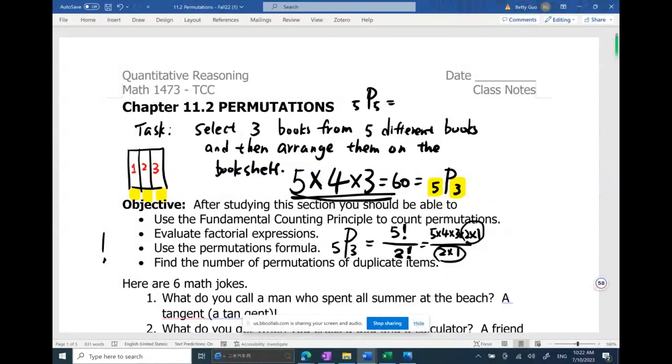If we use the fundamental counting principle, the first slot I have 5 options, second slot 4 options, third slot 3 options, fourth slot 2 options, and the last slot I only have 1 option. That actually is a full permutation, 5 factorial. So when the two numbers, the one at the left foot and the one at the right foot, are equal, the permutation is a full permutation, and the answer is just 5 factorial. We're going to see that as a special case of the permutation. Okay?